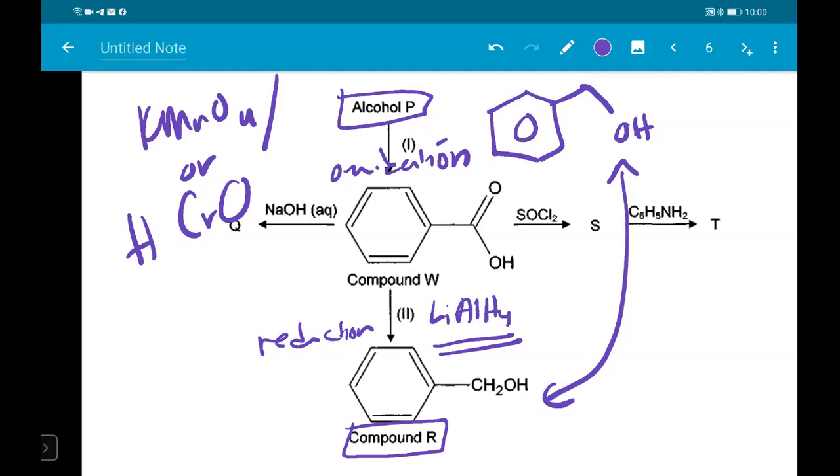Ada apa-apa soalan? Guys, ada apa-apa soalan?